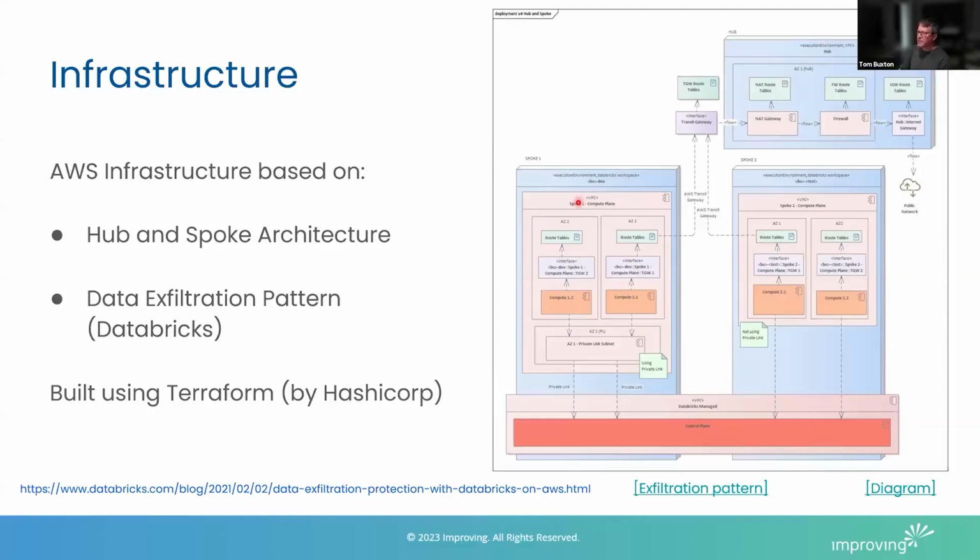The hub is connected to individual spokes. Each spoke represents the compute plane of one workspace, and they're connected through transit gateway. I'm not going to go into the details here, but we basically have availability zones within our spoke. Usually there's at least 2 of those. There can be more. And this is really where we run compute, and we can either connect to the underlying control plane through private link, or we can not do that because it's at a higher level of subscription within Databricks.